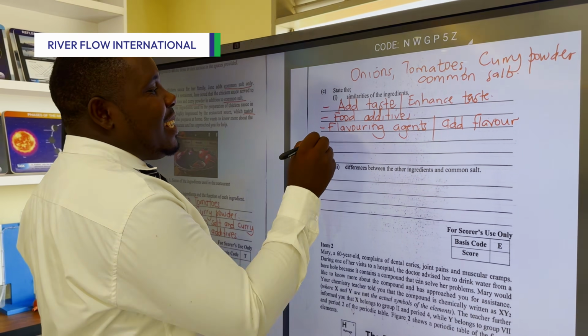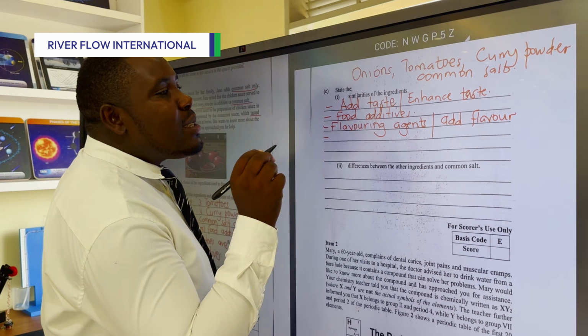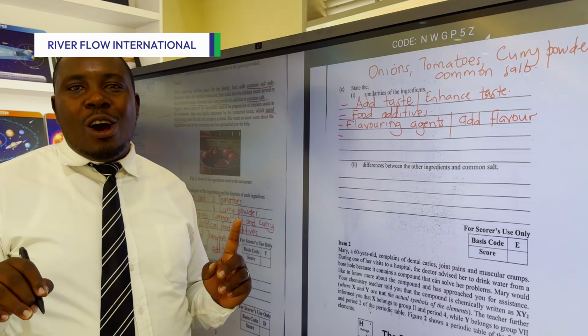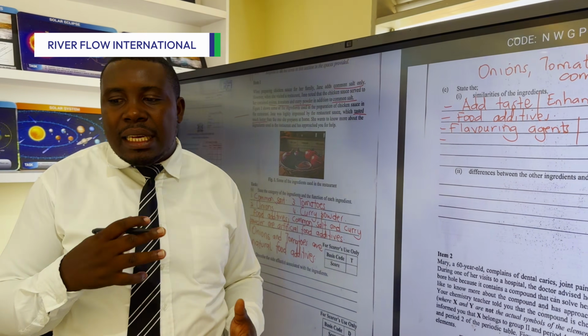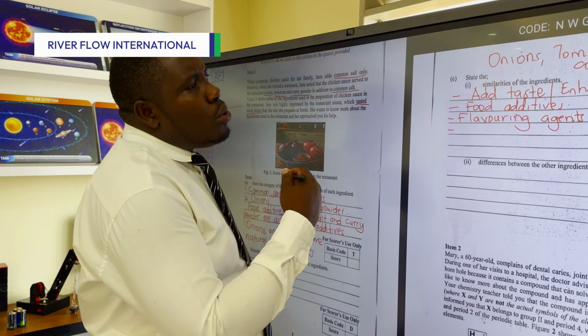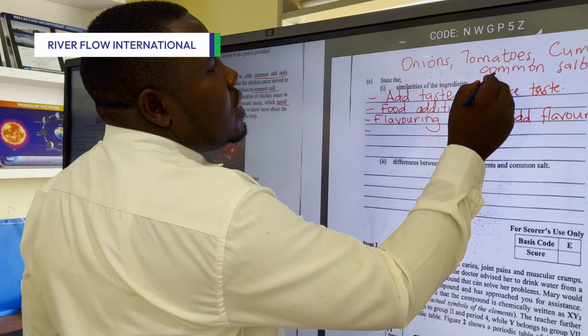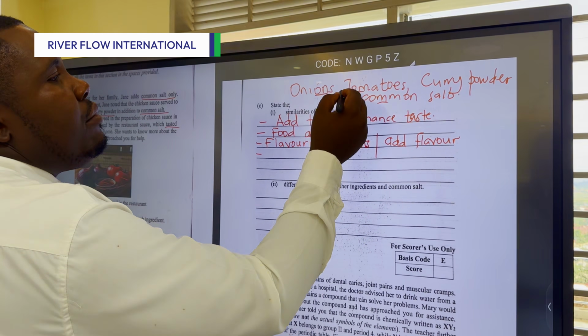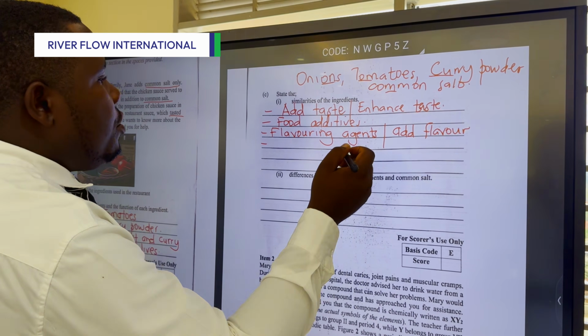But also, not only that, we have seen that apart from salt, most of them add aroma. But now we also want to look at others. How similar are they? We have seen almost all of them add nutrients. This one will give you sodium in the body. This one will give you vitamins. This one will give you vitamins. This one also will give you vitamins.